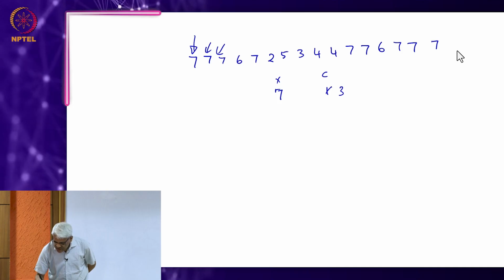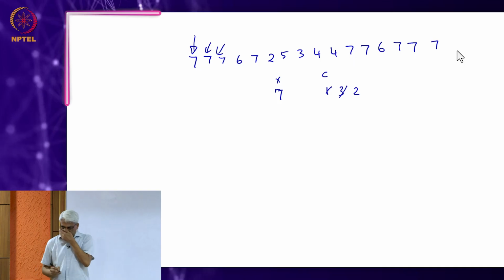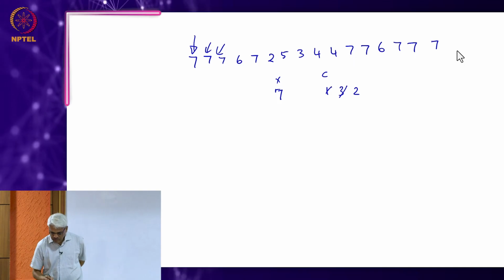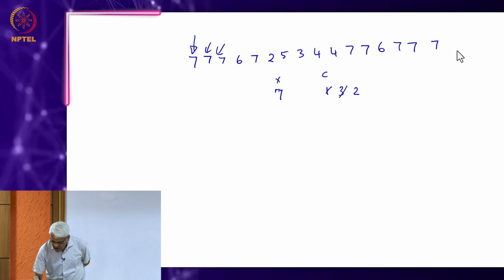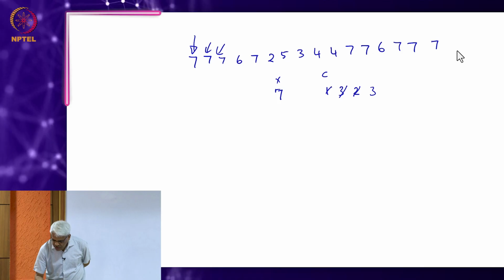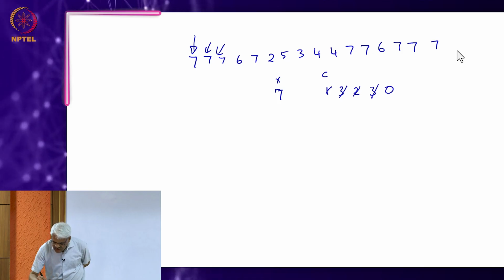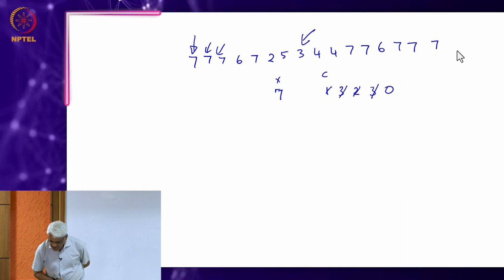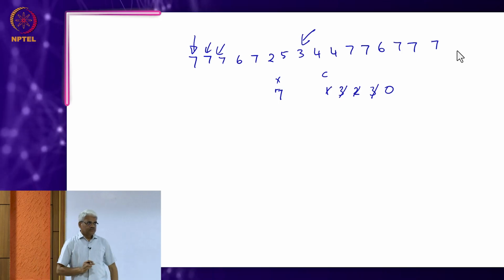And once I see 6, the counter gets decreased to 2. The 7 remains. Then I see 7, the counter gets increased to 3. And then I see 2, 5, 3, so the counter gets decreased to 0. At this point, the counter is 0.